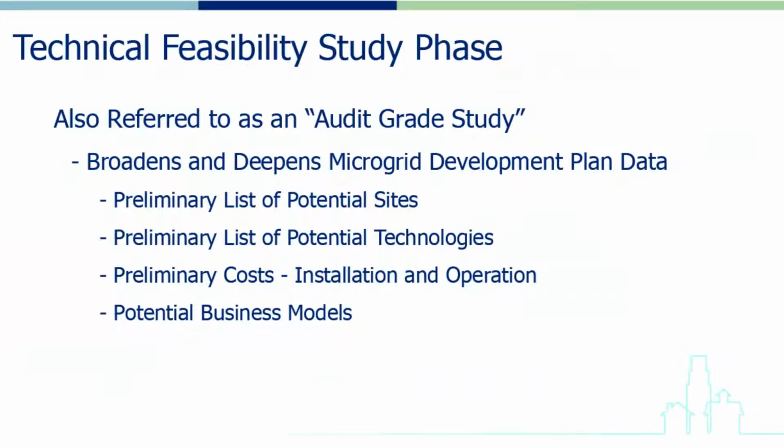A technical feasibility study for a microgrid is often also referred to as an audit grade study. In essence, it broadens and deepens the microgrid development plan that was created at the end of planning.